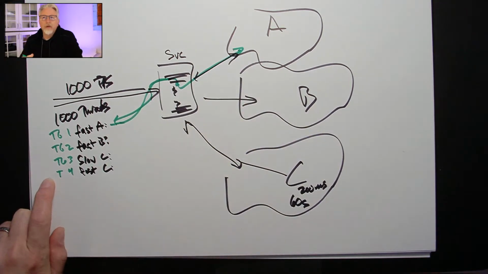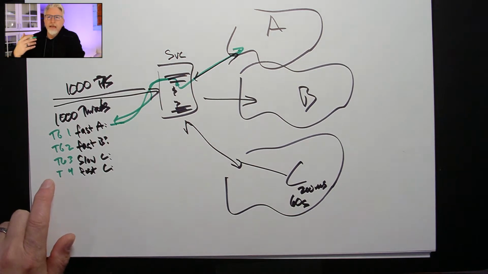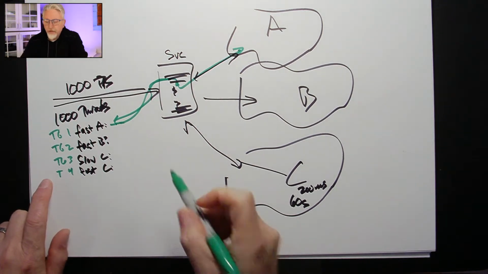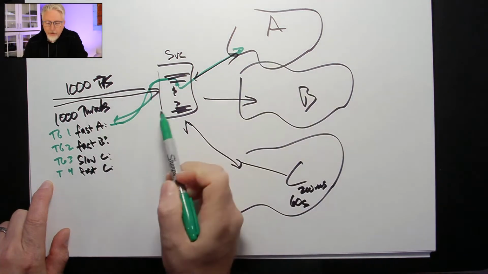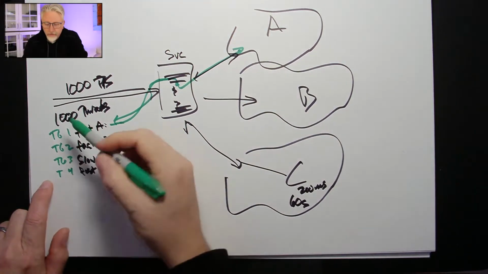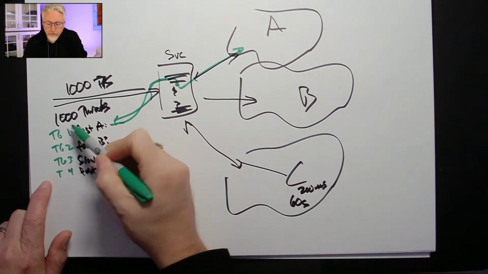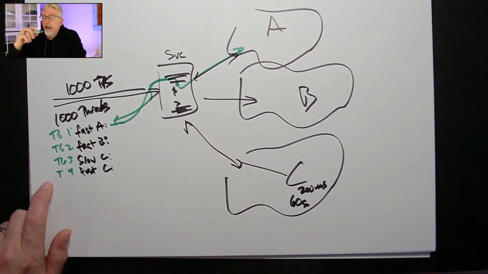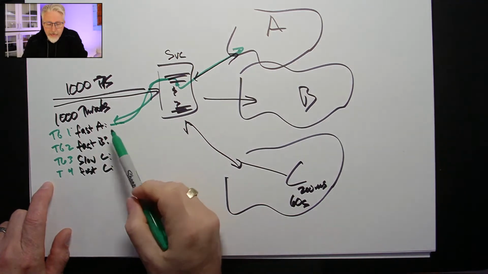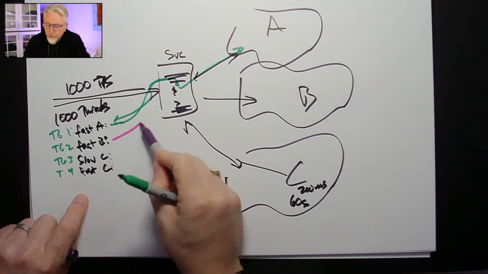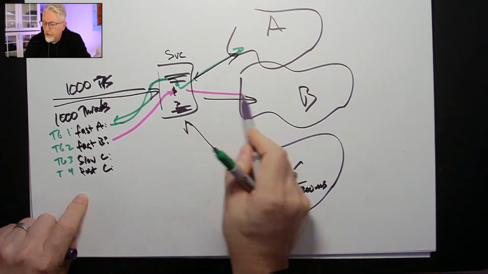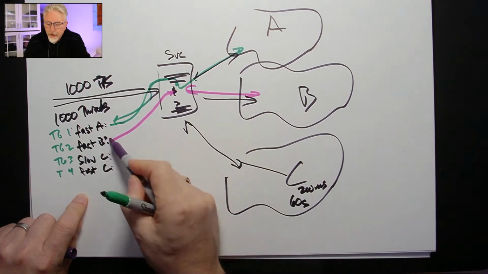It could be a store ID or some entity that says this one will always hit A and be fast. So in this case, I have 100 threads running on fast A. They'll always be fast. And then fast B, in purple, comes in and goes back and forth to B and it's fast.